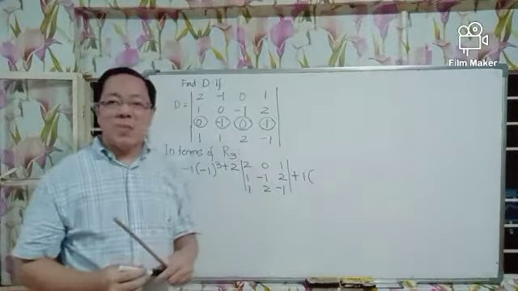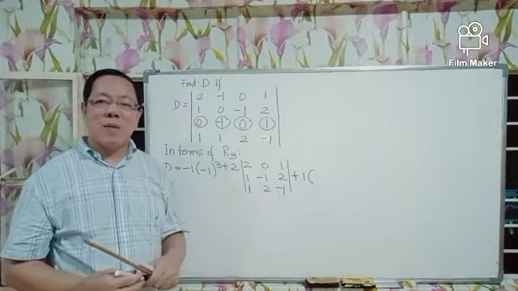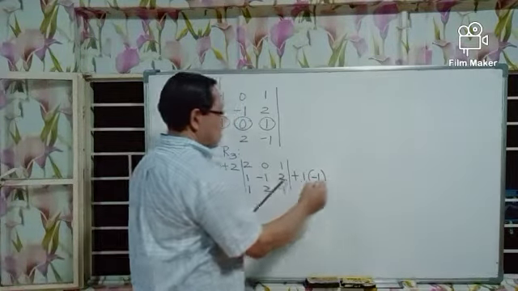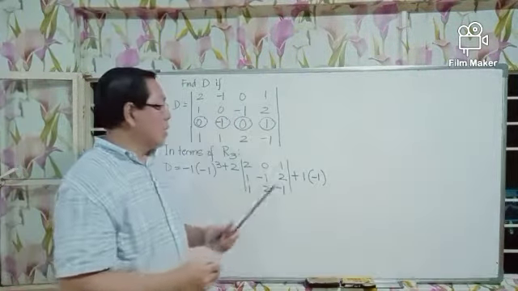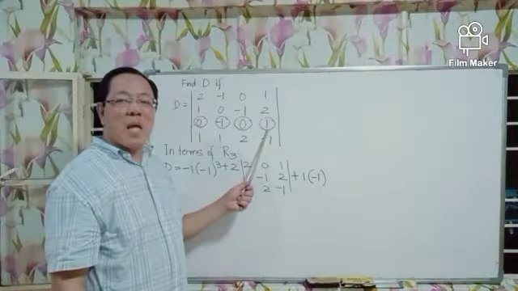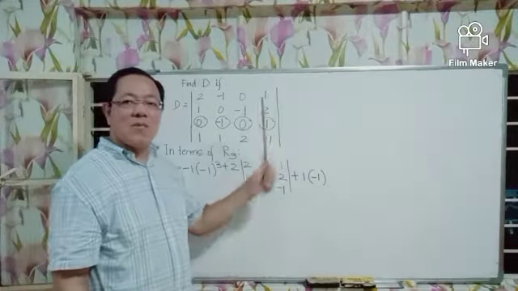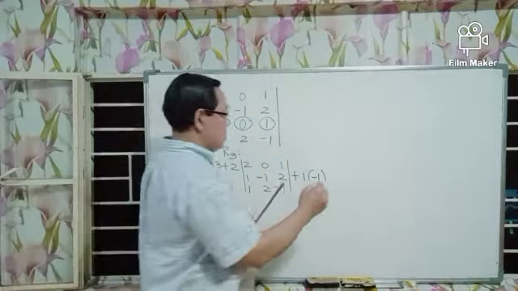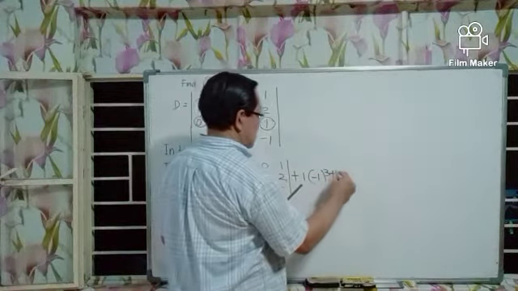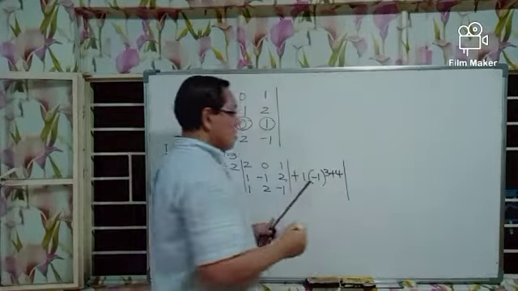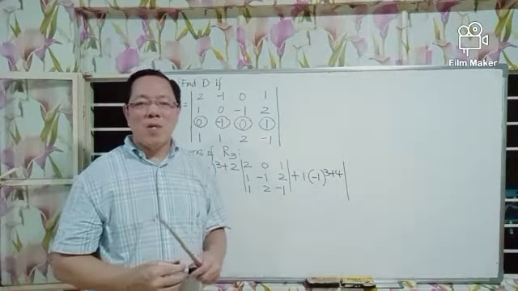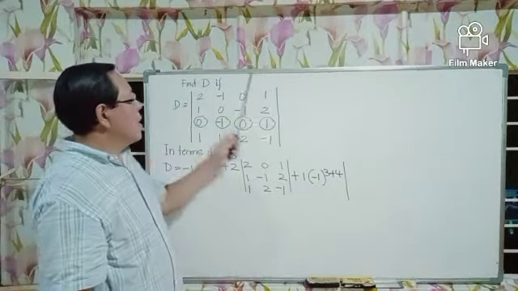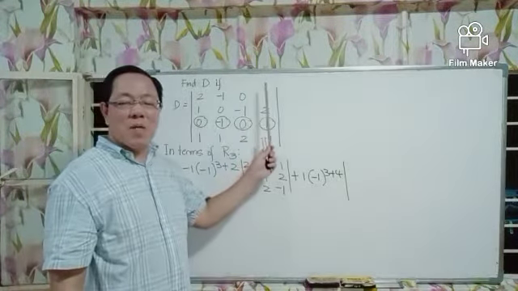Plus 1, we multiply 1 by its cofactor given by quantity negative 1 raised to the row number of 1, which is 3, plus the column number of 1, which is 4. Negative 1 raised to 3 plus 4. Multiply by determinant of order 3 obtained by deleting the third row and the last column, the fourth column.